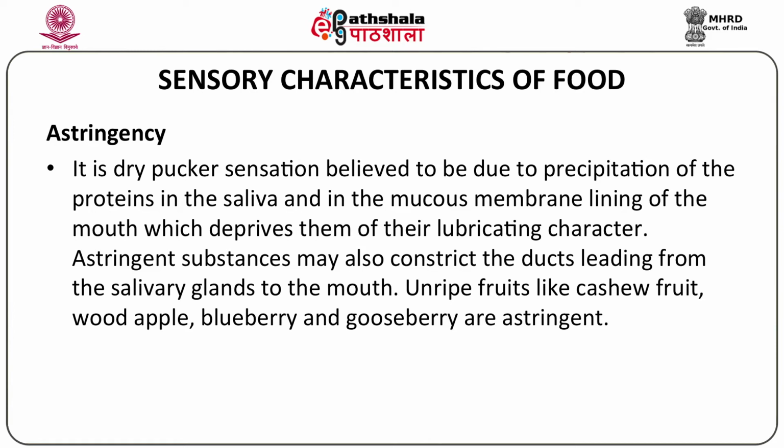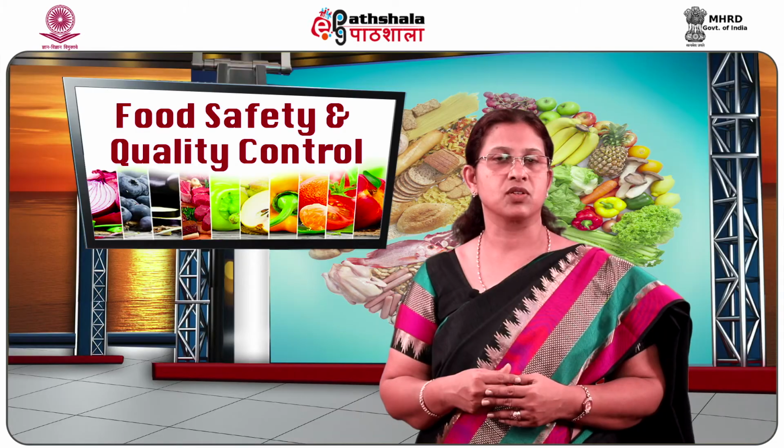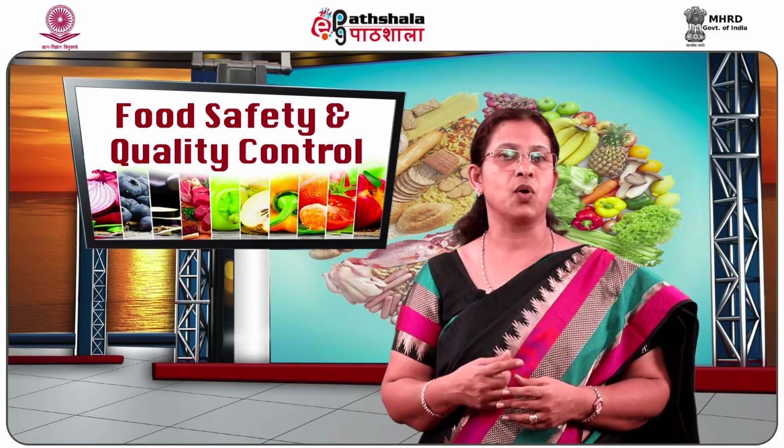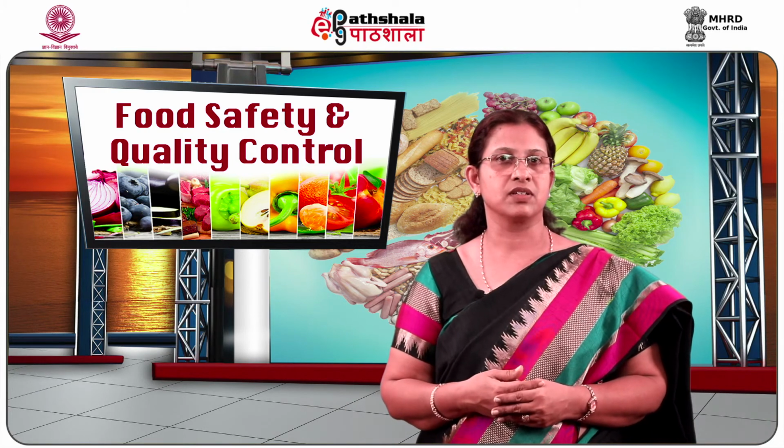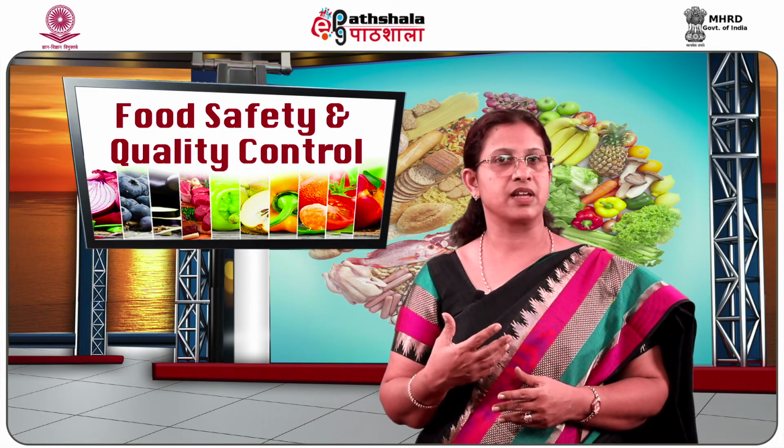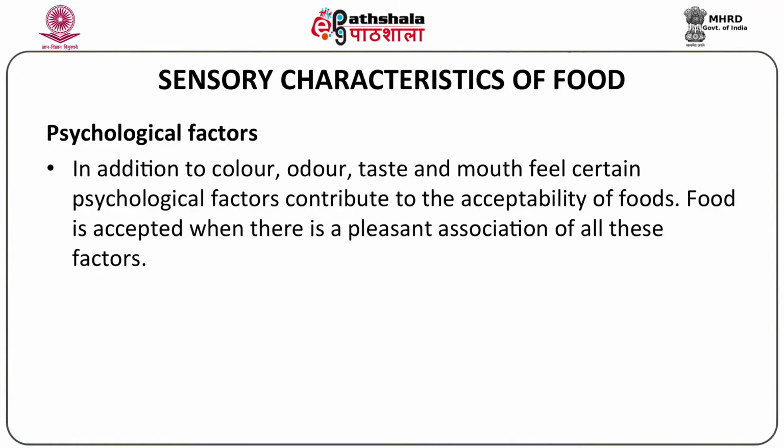Astringent substances may also constrict the ducts leading from the salivary glands to the mouth. Some foods which talk of this quality will be unripe fruits like cashew fruit, wood apple, blueberry, gooseberry, etc. So the very word of these fruits already have started the reaction within your taste buds and in the mouth.